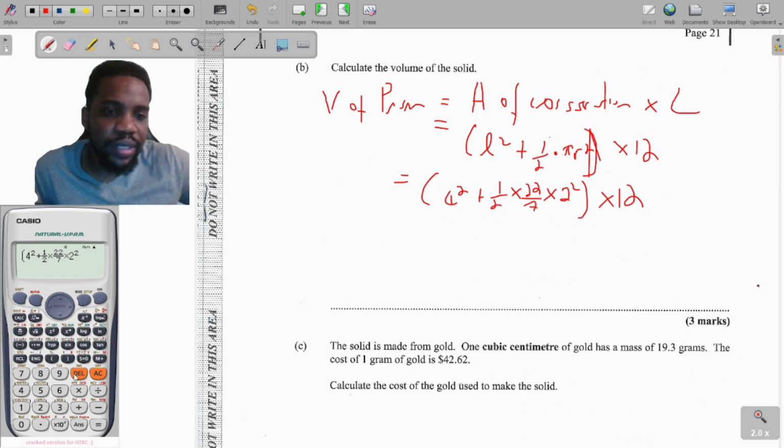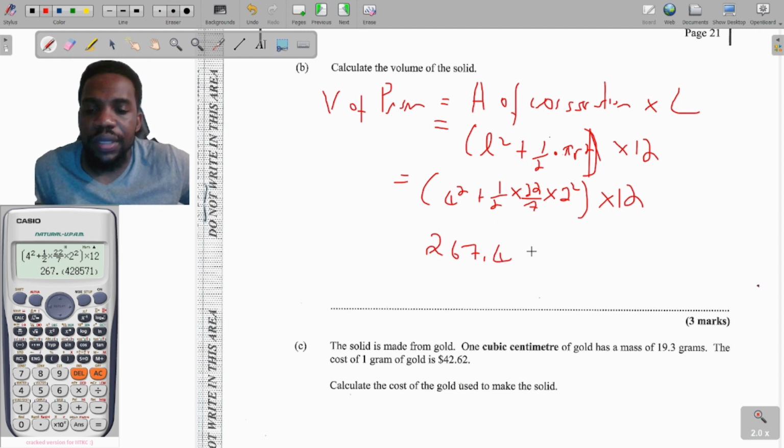Alright, we'll go to the end there, and of course we close the bracket and multiply by 12. So that is, let me get that again, 267.4. And this time it's cubic centimeters, right? And that is the volume.